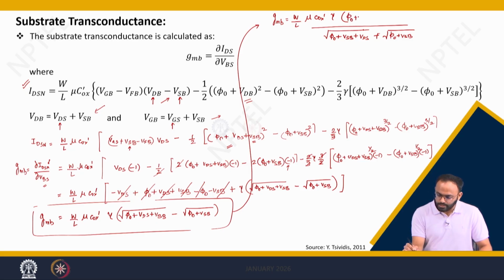So, phi naught plus VDS plus VSB minus phi naught minus VSB. So, this and this get cancelled.